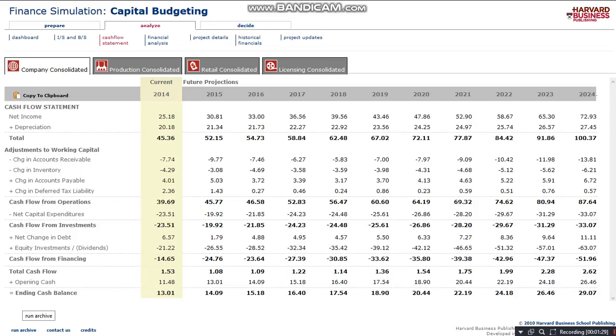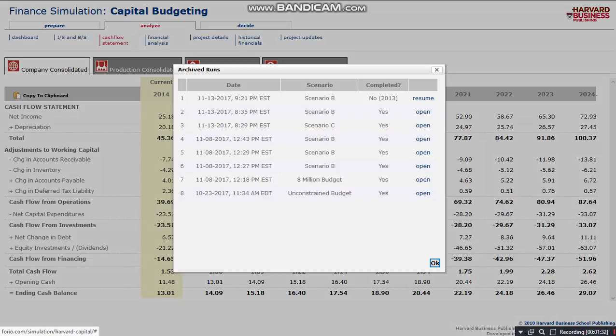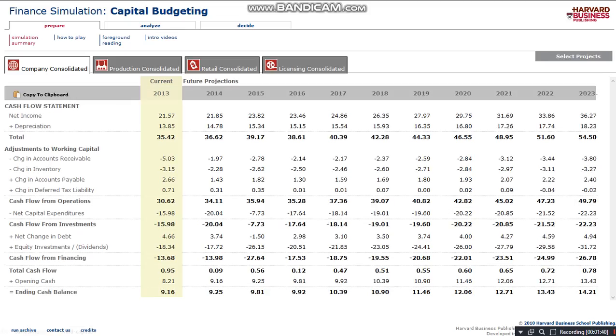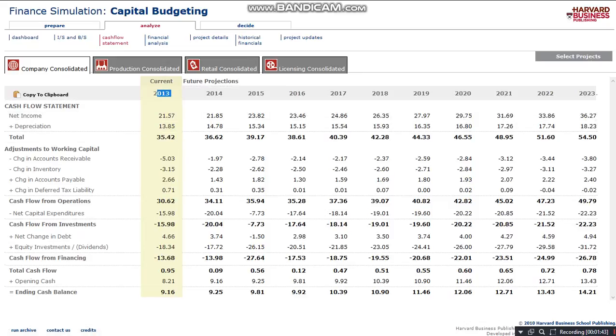So let me take an example of how I chose this by running another example from my previous choices. I will resume that one, just to show some example of how I use the cash flow statement in my analysis. So for cash flow, this one is 2013, and they will have a projection going into 2014 of 36.62, and the ending balance of 9.25.